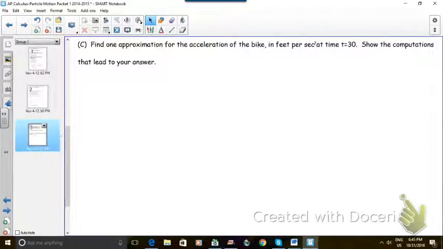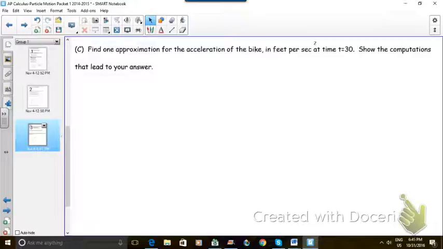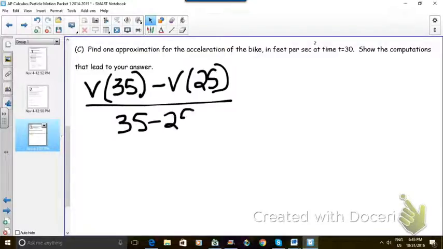All right, last part of this question says find one approximation for the acceleration of the bike in feet per second squared at time 30. Show the computations that lead to your answer. For acceleration, since we are not working with a function, we have to use the average acceleration, V of 35 minus V of 25 divided by 35 minus 25.